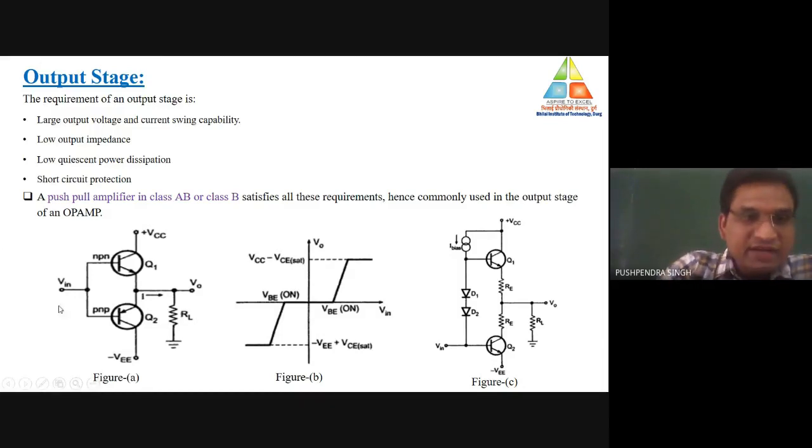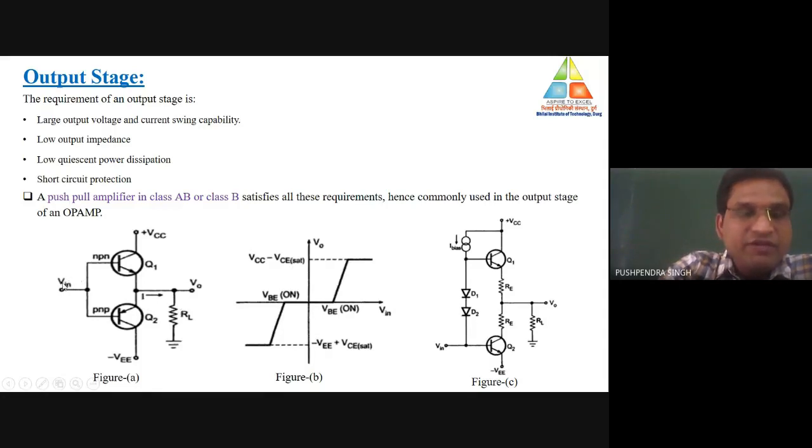So here figure A is a class B push-pull amplifier, where the Q1 transistor is of NPN type and transistor number 2 is of PNP type. When the value of Vin is greater than 0, when Vin is positive, transistor number 1 will be in forward biasing condition, and with the help of this current I, we are getting the output.